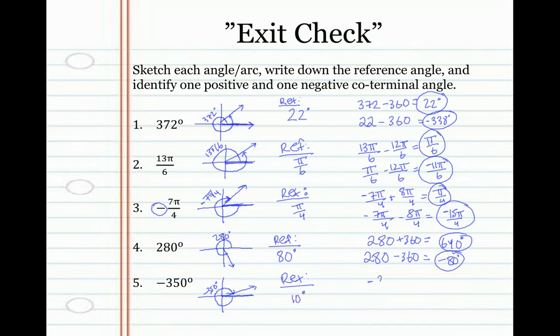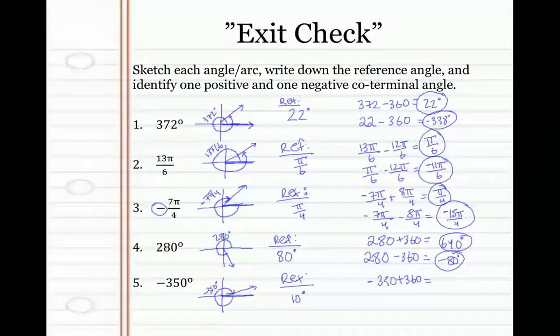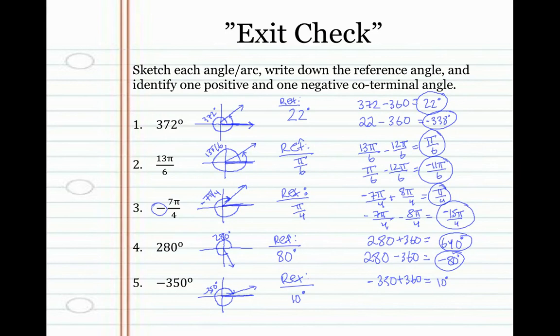If I do negative 350 and I add 360, I get 10 degrees as a coterminal angle. And I do negative 350 minus 360. Sorry, my pen's kind of getting wonky. I get, what is that? Negative 350 minus 360. I get negative 710 degrees.